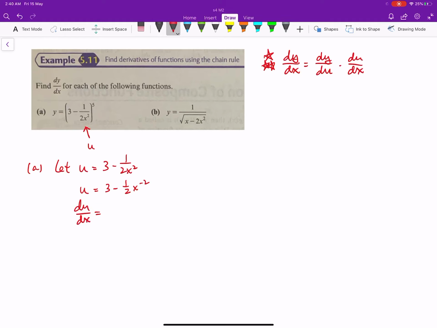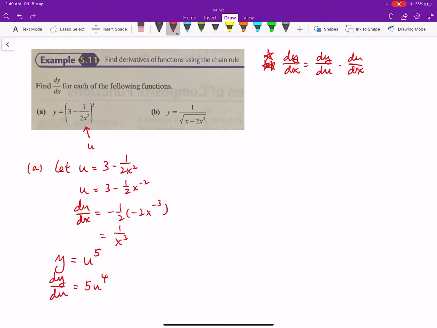So du/dx, we have negative 1 over 2 times negative 2x to the power negative 3. So we get 1 over x to the power 3. And now du/dx is done, so we are going to find dy/du. So y now becomes u to the power 5. So this is very simple. You just simply get this, right?